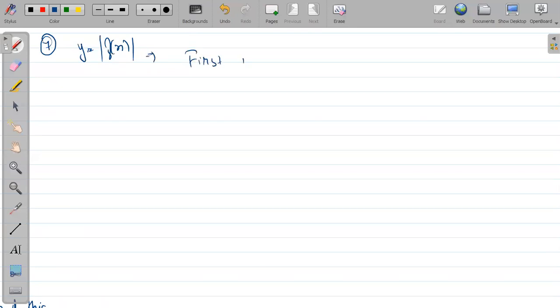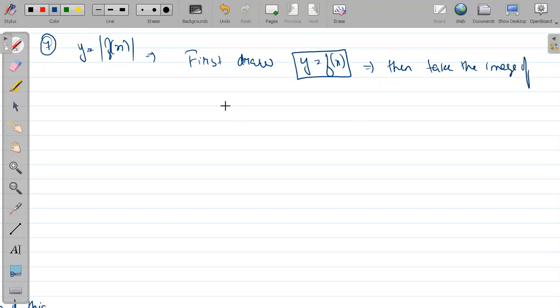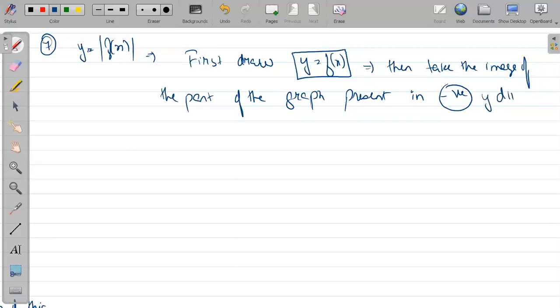First draw y equal to f of x. So first draw the graph of y equal to f of x.